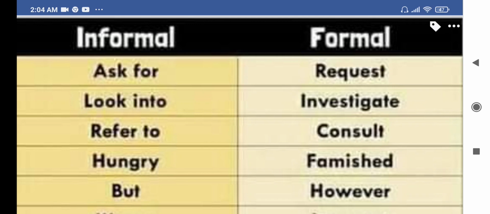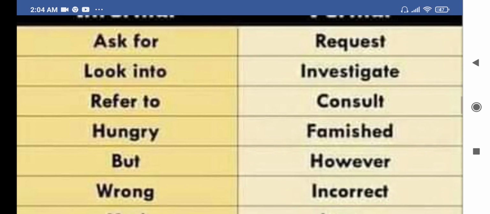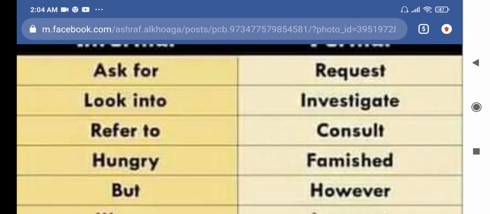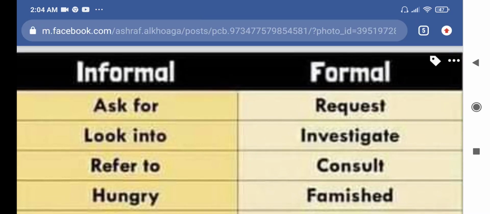Ask for, request. Okay, when someone requests something, the same thing can be expressed in an informal way, just using the words asks for.